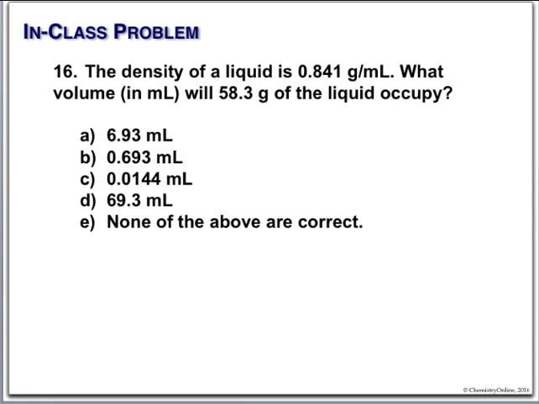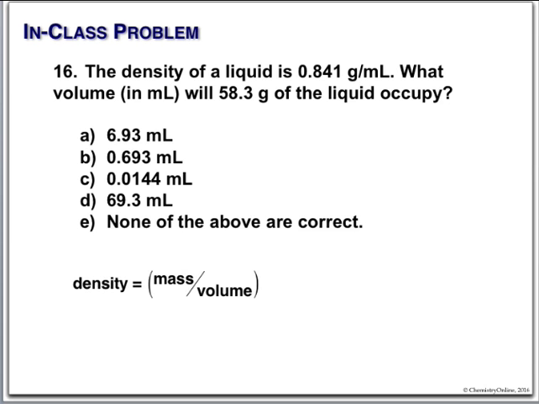Another density problem. Here we're looking for volume. Exactly the same problem we had before, except it's not a table. So what you do is you sit back and say, density is mass divided by volume. Here we have to solve for our volume.